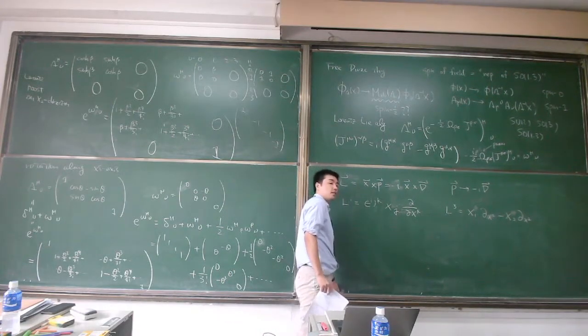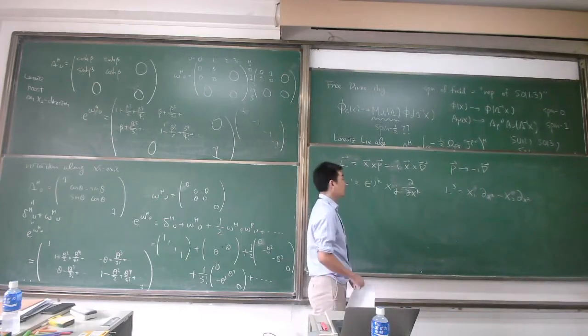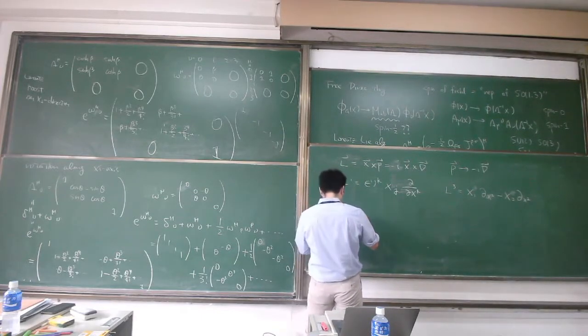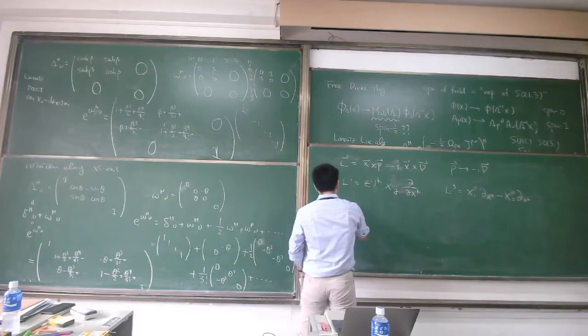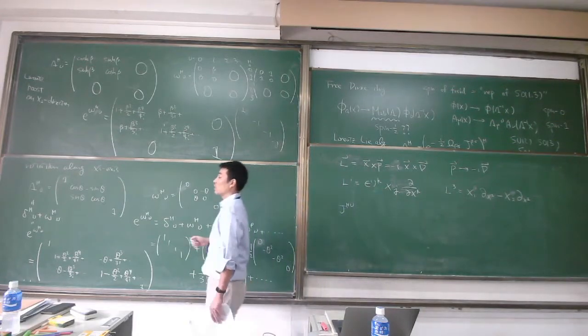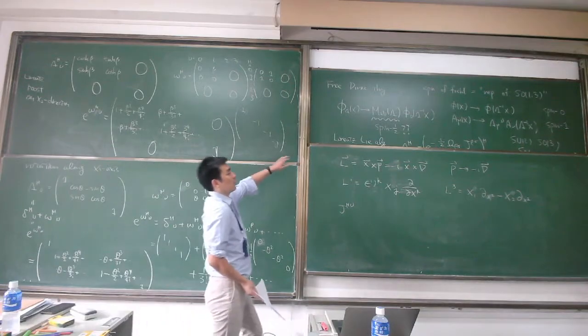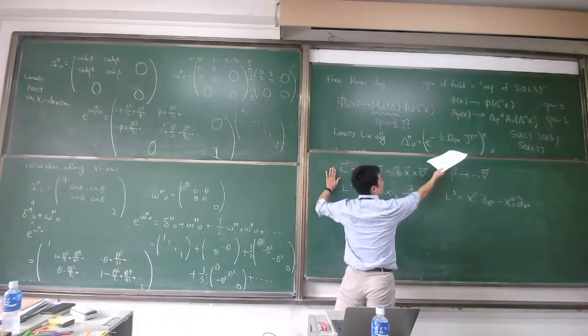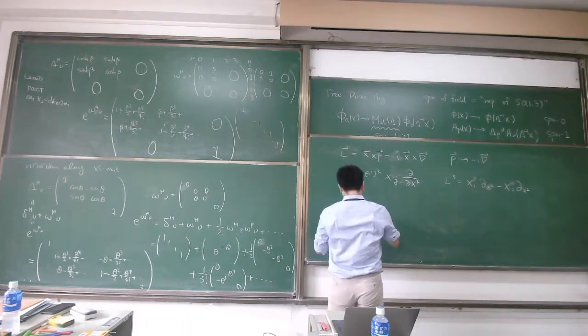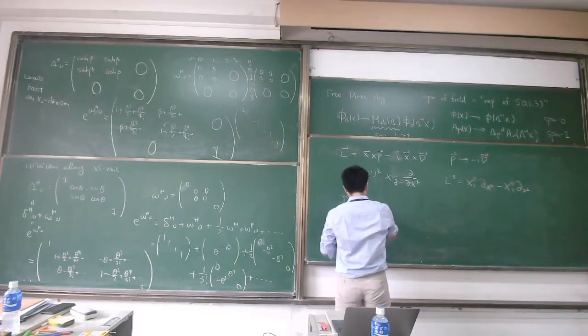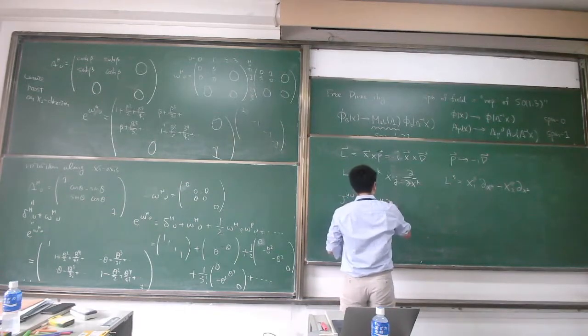We can do the same thing for the relativistic case. Relativistic case, so this J mu nu can be understood as the infinitesimal rotation. So this can be understood as the generator of the Lorentz transformation.